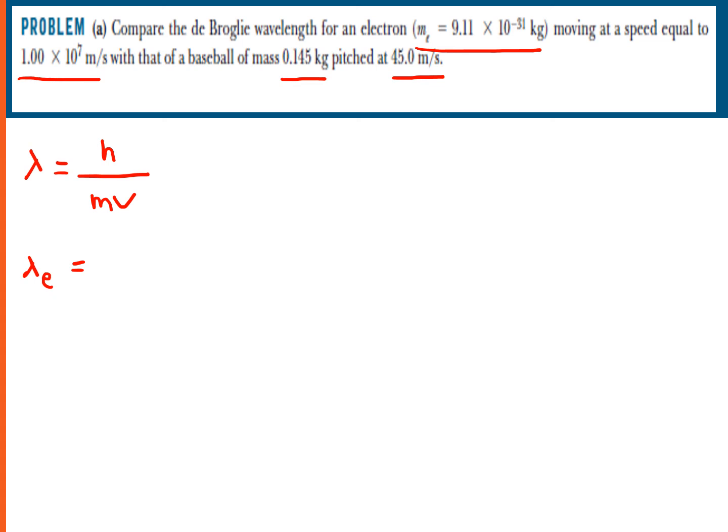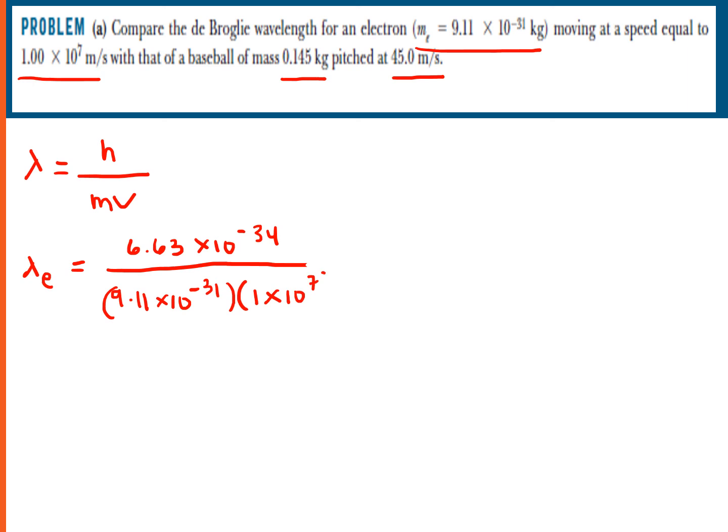We have the Planck's constant, equal to 6.63 times 10 to the power of negative 34 joule seconds, divided by the mass of the electron, which is 9.11 times 10 to the power of negative 31, multiplied by the velocity of the electron in meters per second, so that's 1 times 10 to the power of positive 7.